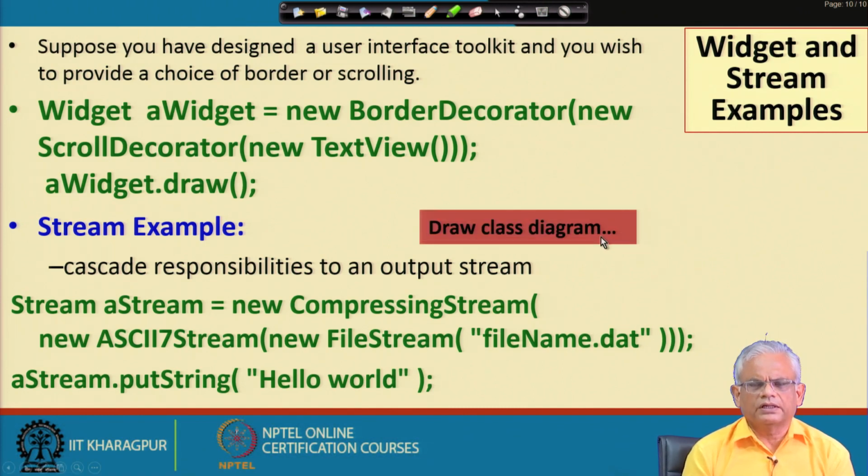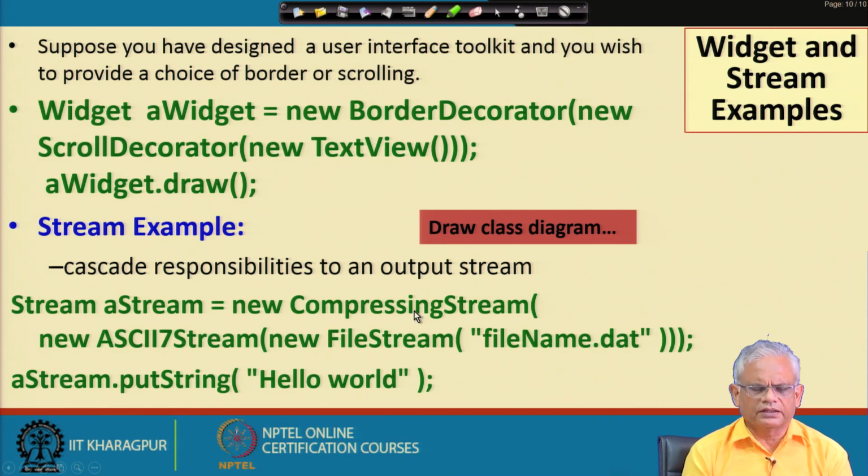Now, let us say we understand the decorator pattern, that this is a clear example of a decorator pattern, and after having done this, how will the class diagram look like?